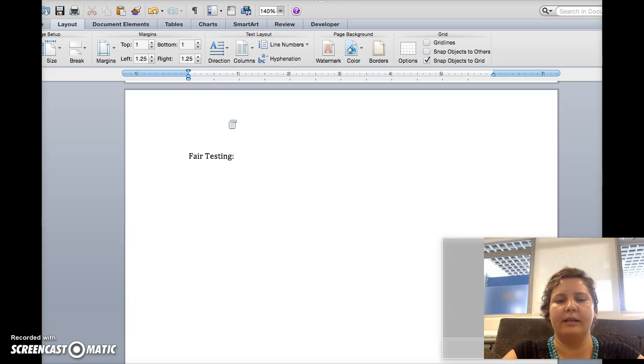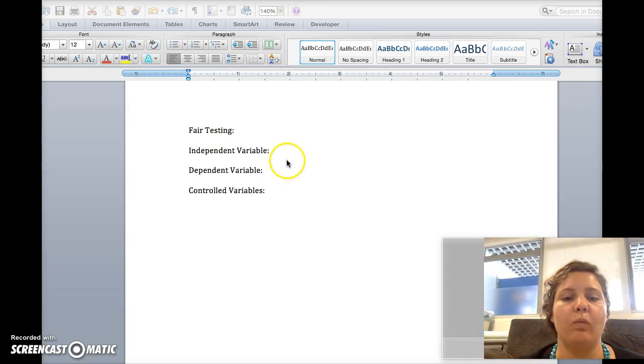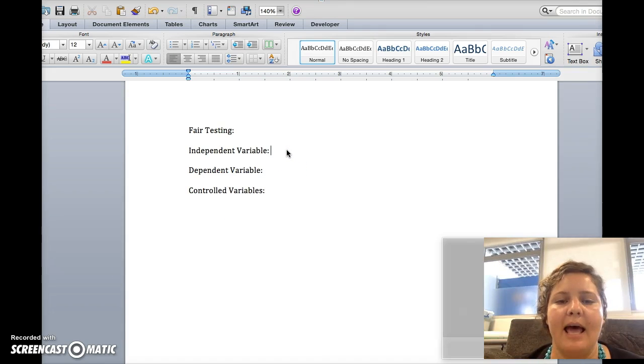As you know, there are 3 types of variables. The first type of variable is the independent variable. The next type of variable is the dependent variable. And the last type are the controlled variables. Okay, so there is only one independent variable, and if we think about an independent variable, it's the one that we're changing.